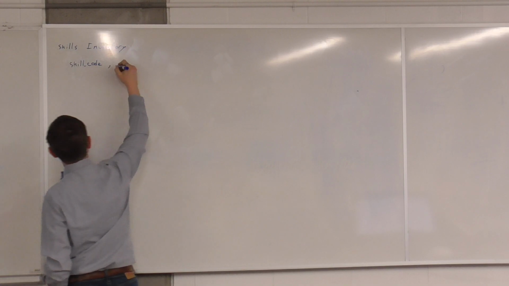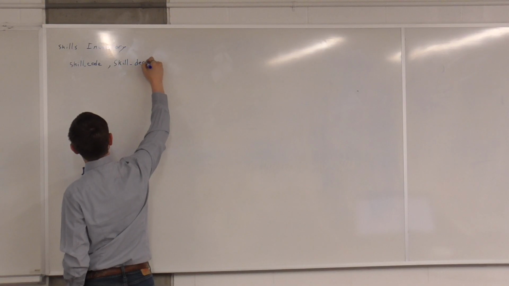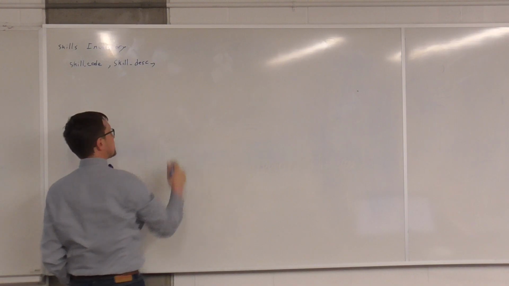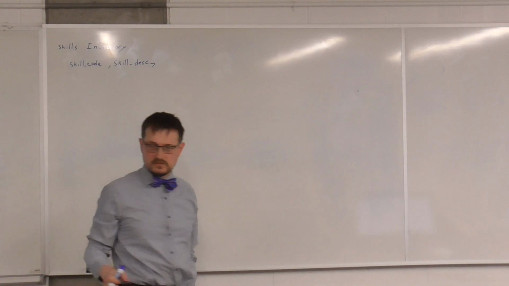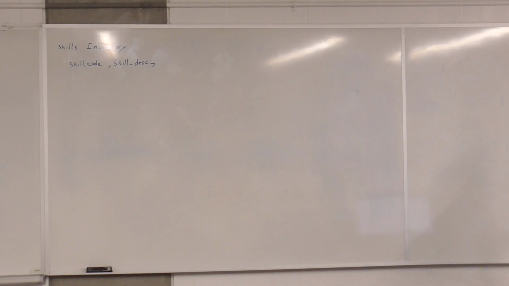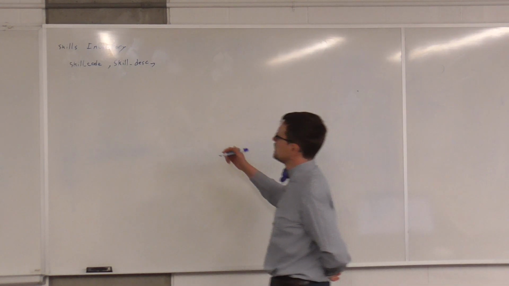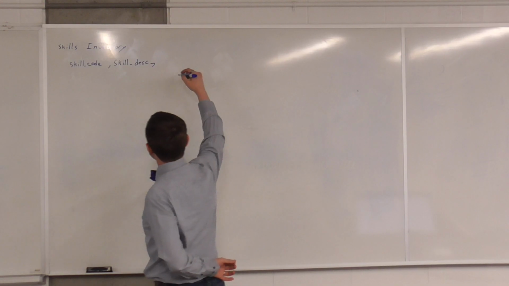Skill description. I'm going to abbreviate some of these. By the way, on the final exam, if any of these are long, I am very happy for you to use reasonable abbreviations. If you write less, I have to read less, right? So, skill code, skill description. What else? Employee number.